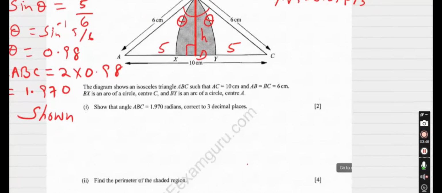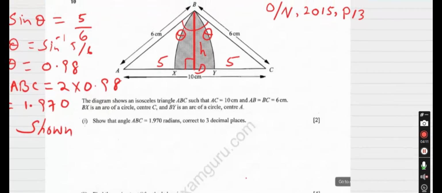Find the perimeter of the shaded region. In order to find the perimeter of the shaded region, we must add all those lines which touch the shaded region. So one is the arc of a circle, the arc length of a sector, that is arc length XB and arc length BY. So I am writing over here part number 2.